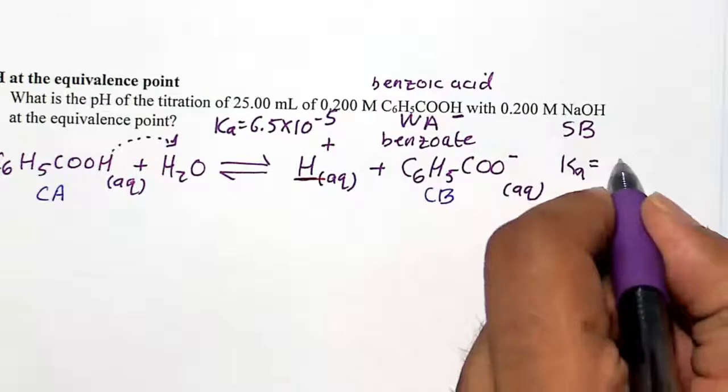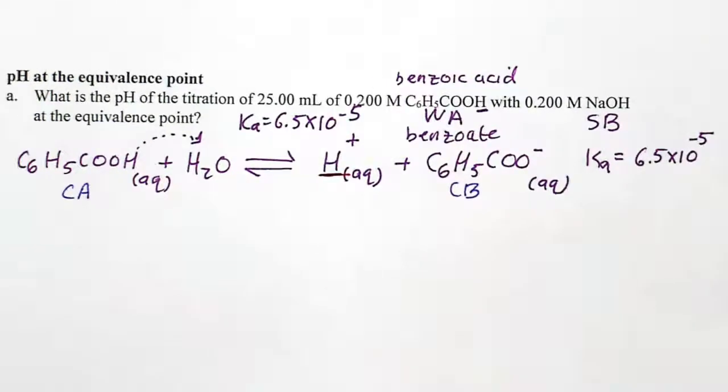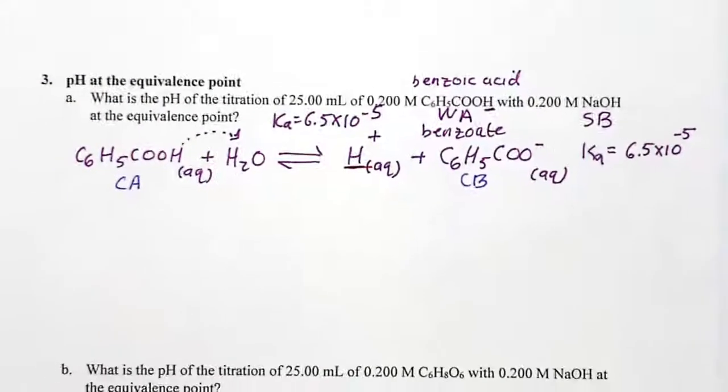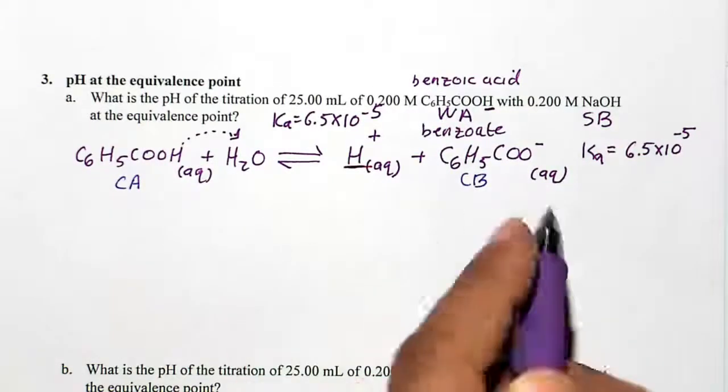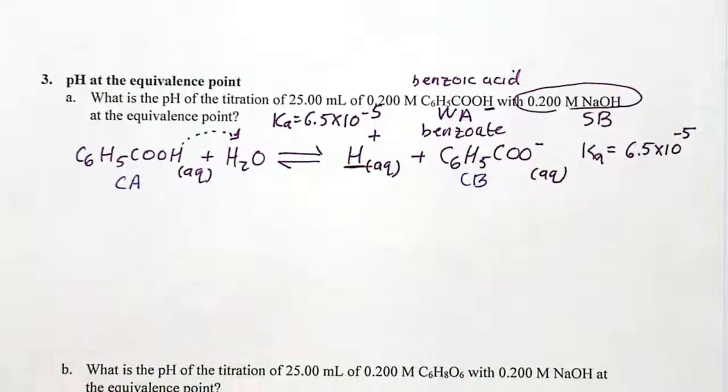And as I stated to you before, we have that value at 6.5 times 10 to the minus 5. So that's the reaction that we are considering, but what we have done is we've added some NaOH to it. A strong base is going to react with an acid, in this case a weak acid.